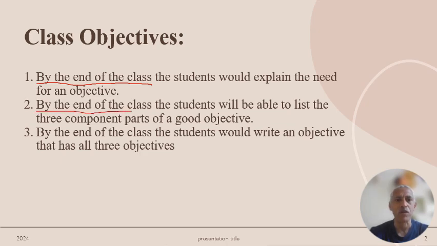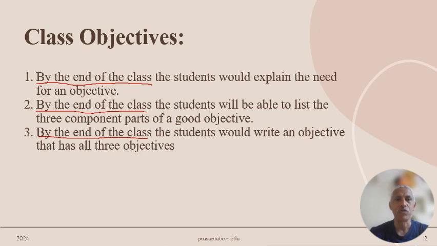The behavior, the skill, the knowledge I want you to get, when is it that I want you to get those? By the end of the class, I expect the students to be able to do something.